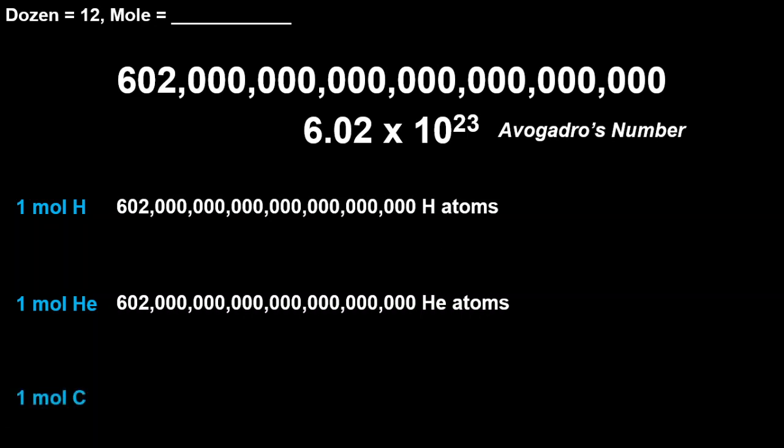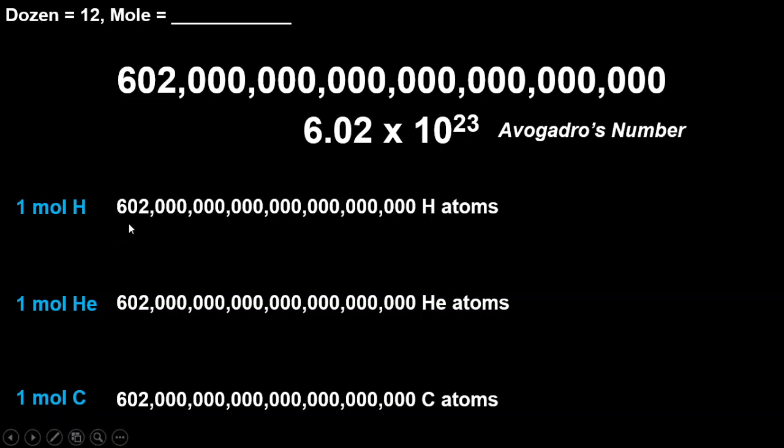Let's go to 1 mole of carbon. How many particles are in 1 mole of carbon? That's still 602 sextillion carbon atoms. So again, 1 mole of hydrogen, 1 mole of helium, and 1 mole of carbon have the same number. It's always equal to 6.02 times 10 to the power of 23 or 602 sextillion.